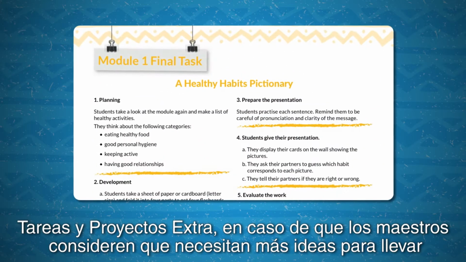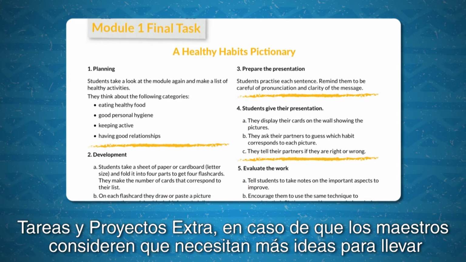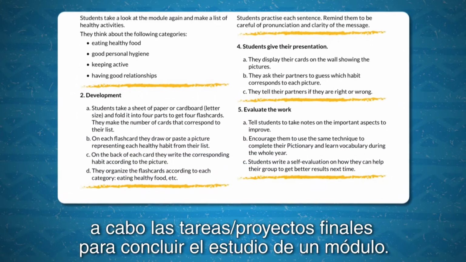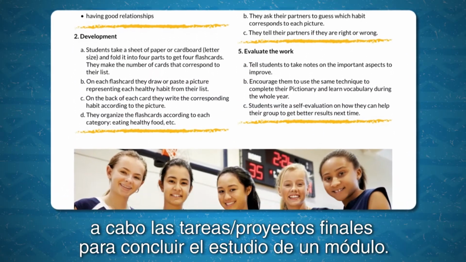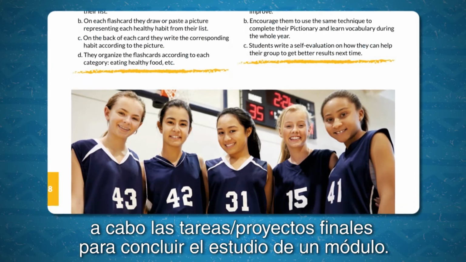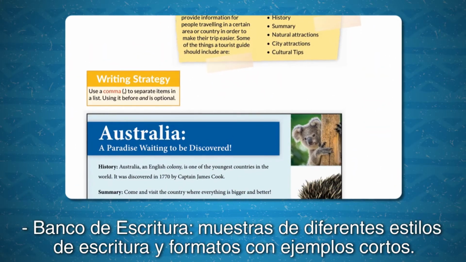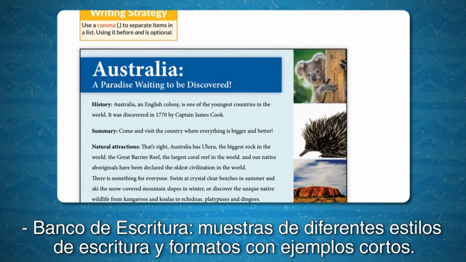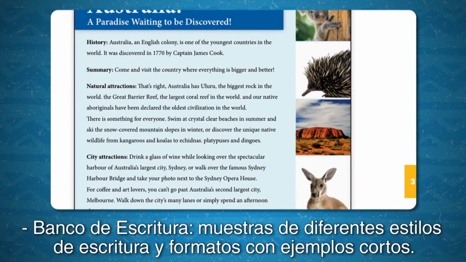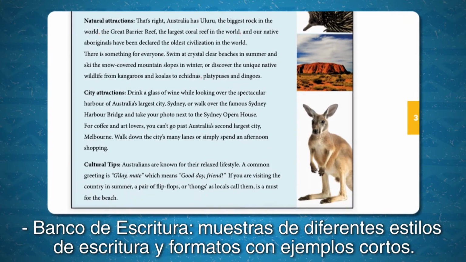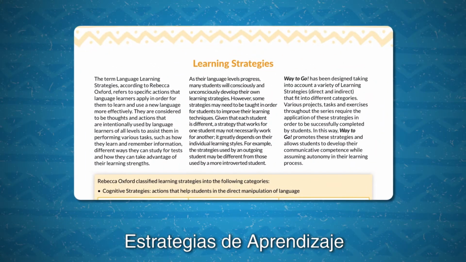Extra tasks, projects, in case teachers consider they need additional ideas to carry out final tasks, projects, to wrap up the study of a module. Writing bank, samples of different writing styles and formats with short examples. Learning strategies.